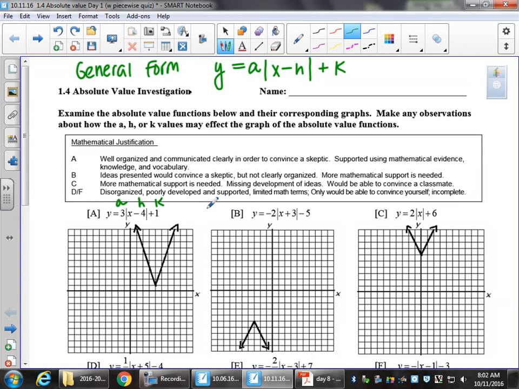Start jotting some notes down. Keep discovering. Ladies, how's our discovery going?